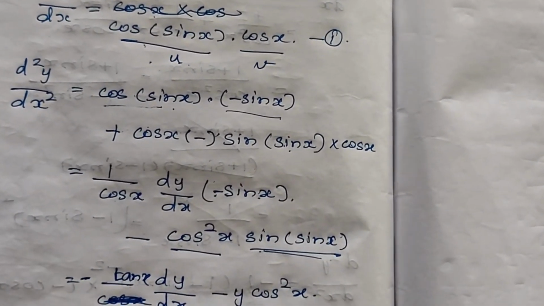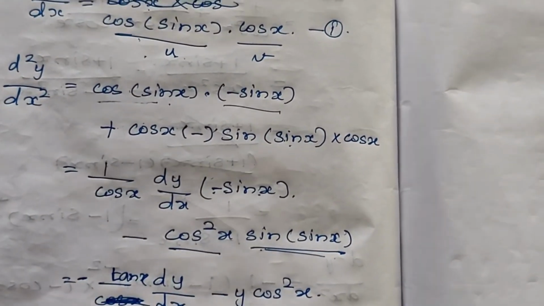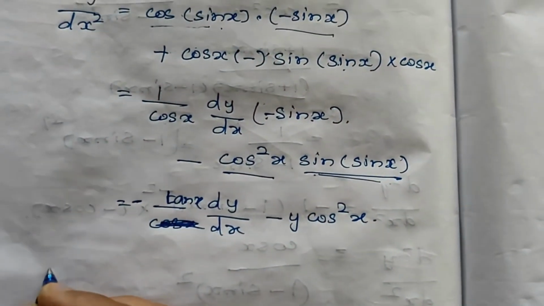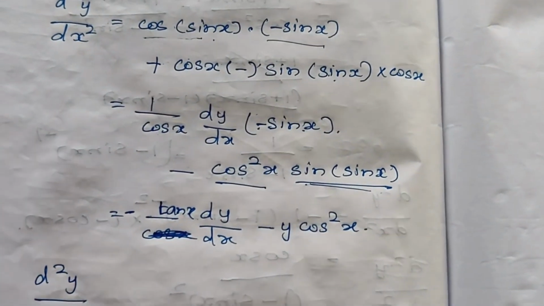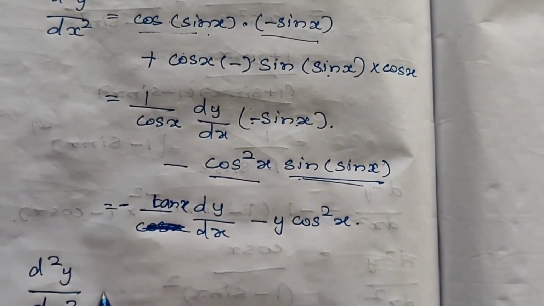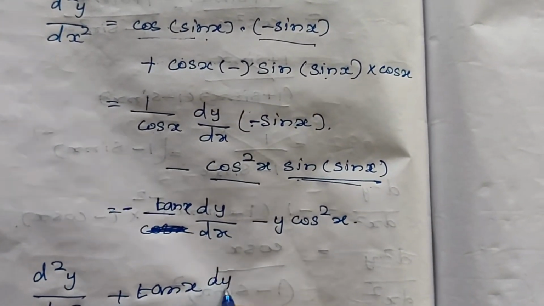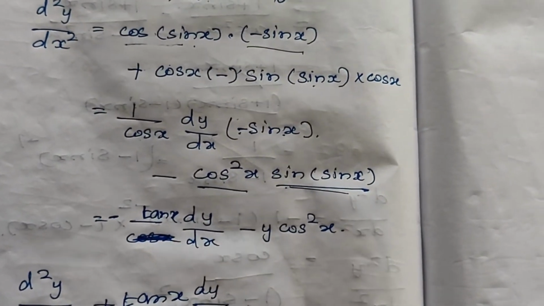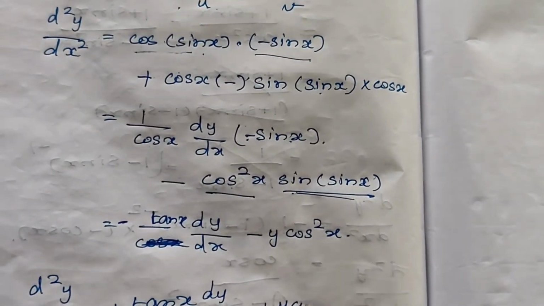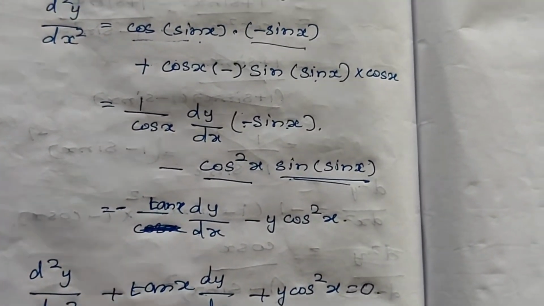You have to bring this one to this side. So what you get is d square y by dx square plus tan x dy by dx plus y cos square x equal to 0.